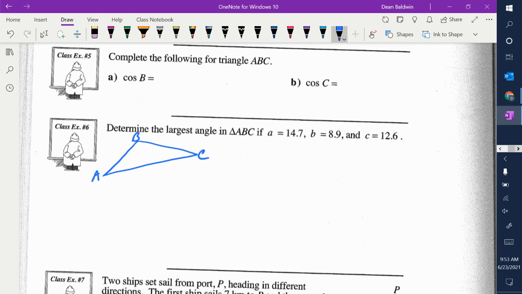Doesn't matter where you start. I tended to start on the left. Where are the sides in relation to the angles? They're always across. So side A is 14.7. That means that's 14.7. Side B is 8.9. So that means that's 8.9. And C is 12.6.